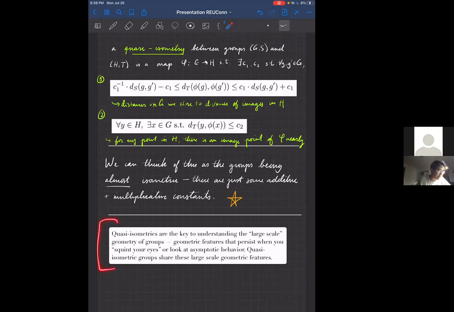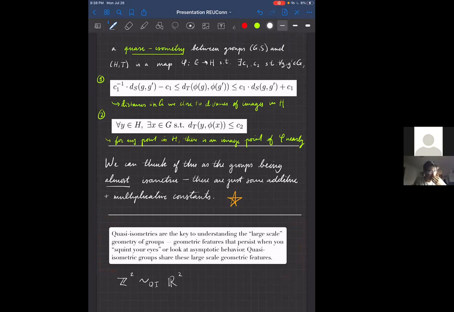So you can think of these groups as being sort of nearly isometric, but there's this fuzziness, there are these additive constants. And like I said earlier, a nice easy example of this, which you can prove without too much difficulty, is, let's just say Z2 is quasi-isometric to R2.